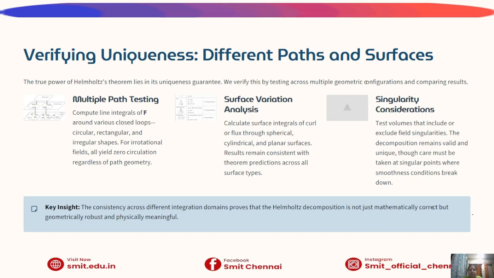Similarly, surface integrals of solenoidal fields yield consistent results irrespective of the surface shape. This consistency proves that the decomposition is not dependent on geometry but is fundamentally determined by the divergence and curl of the field.